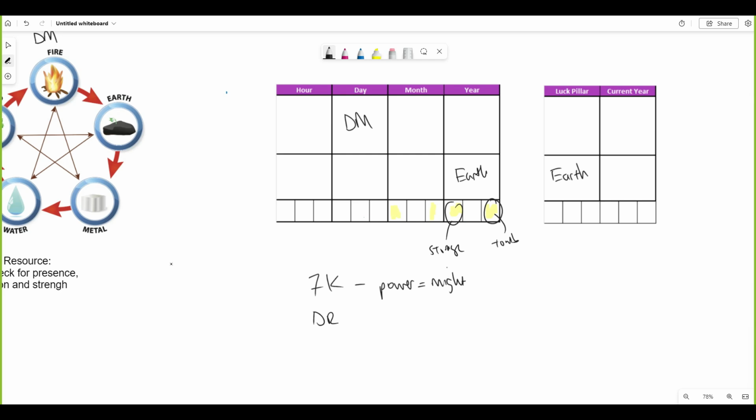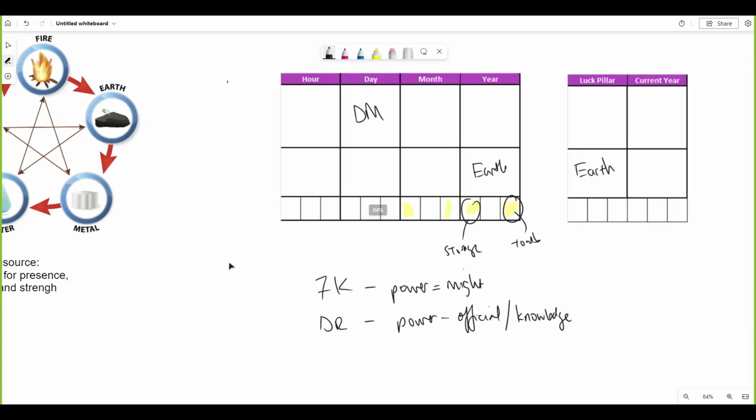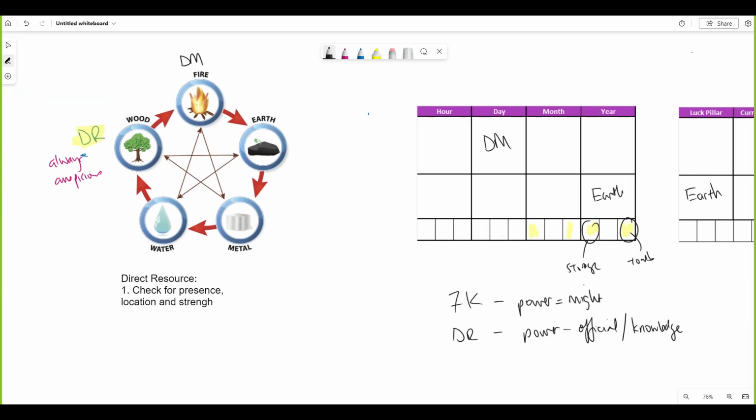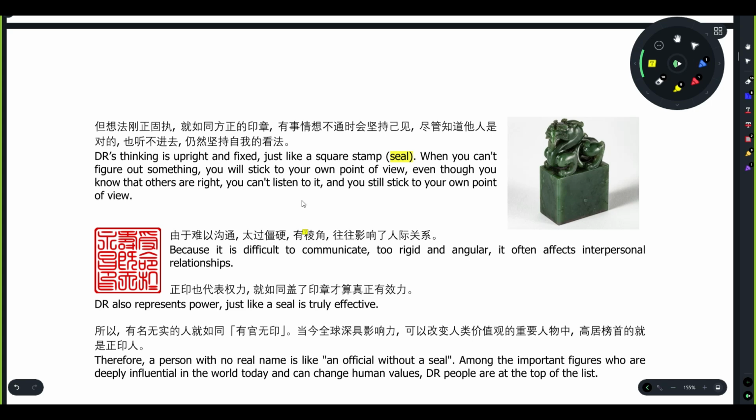But the direct resource believes that power is official. Power is given from the top. Power is also knowledge. Knowledge is power, and the direct seal believes that it's actual power. Therefore, one considers that any official style without resource is not real power. But we're going to go into that as we deal with it a lot.